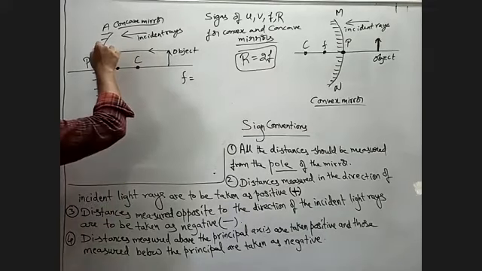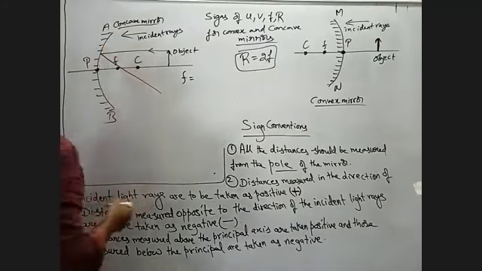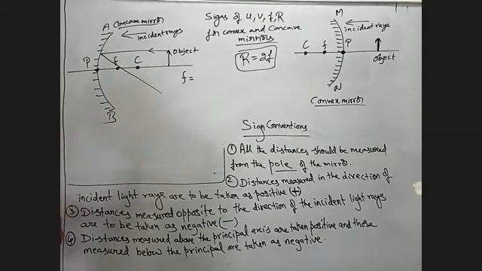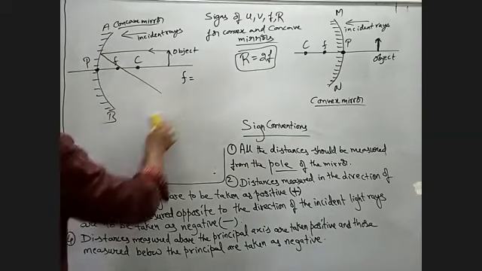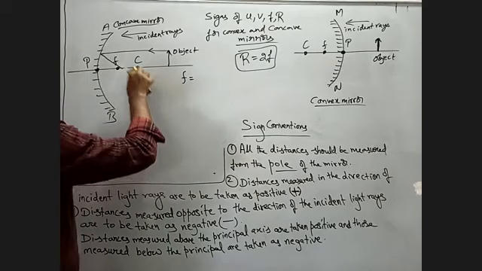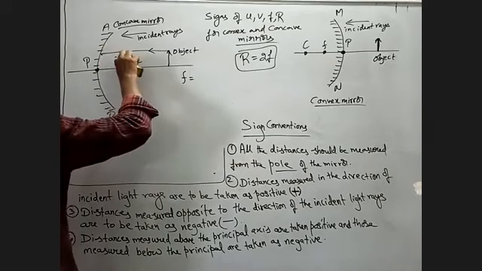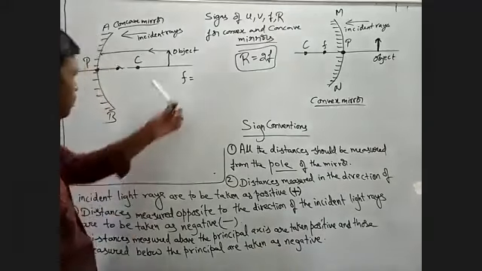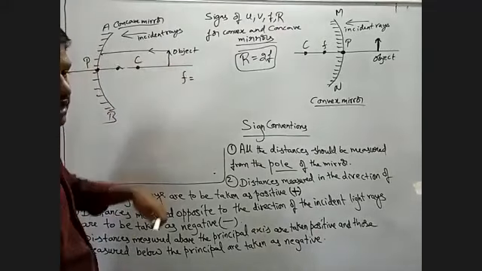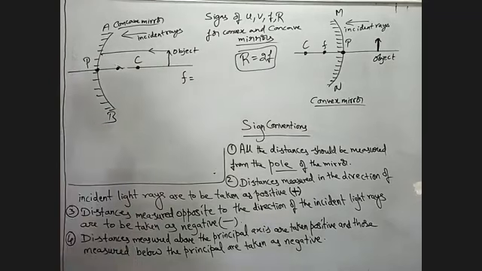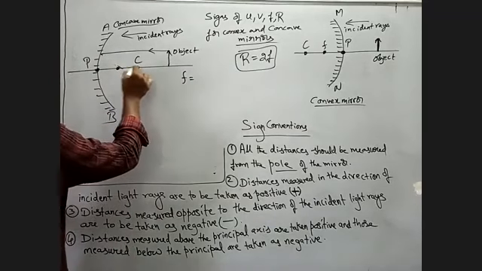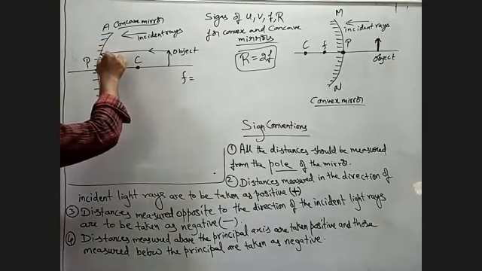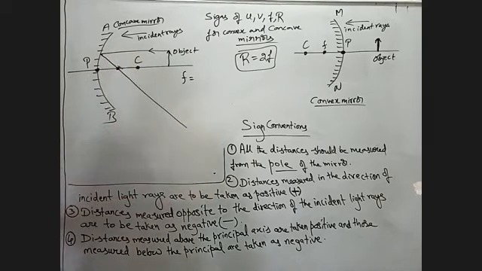So suppose if I draw this, it passes through the focus. So you know very well that the ray passing parallel to the principal axis passes through the focus. So one of the rules we have already studied. So one of the rays is passing like this.